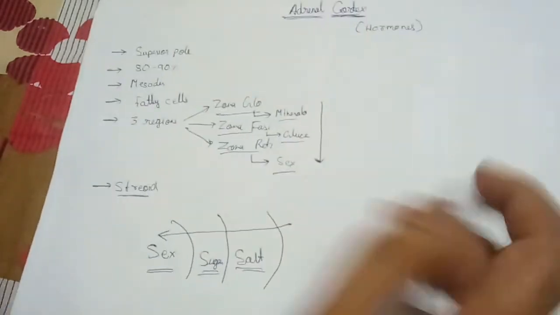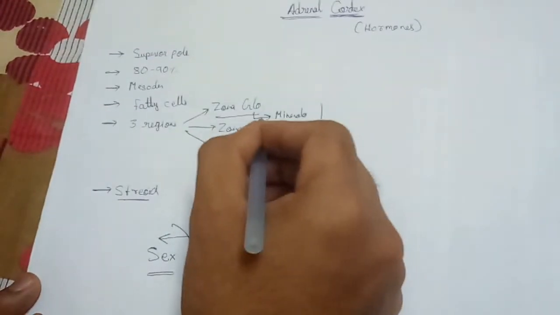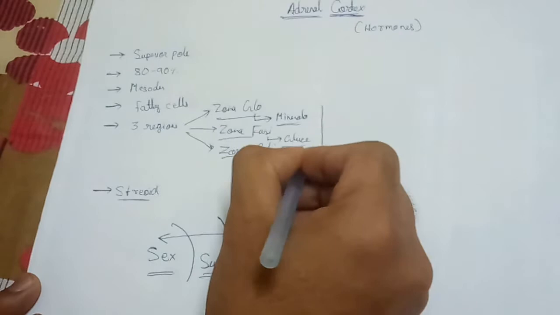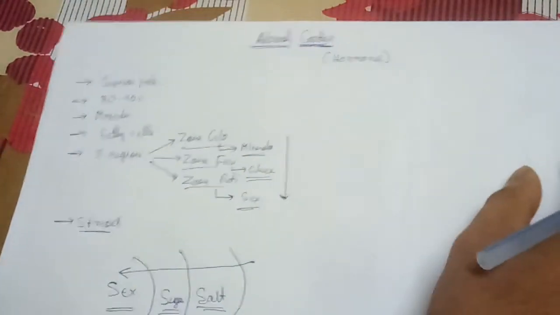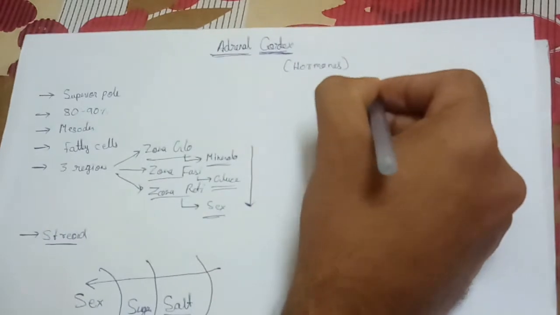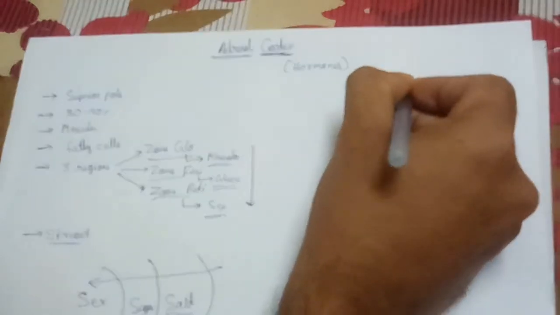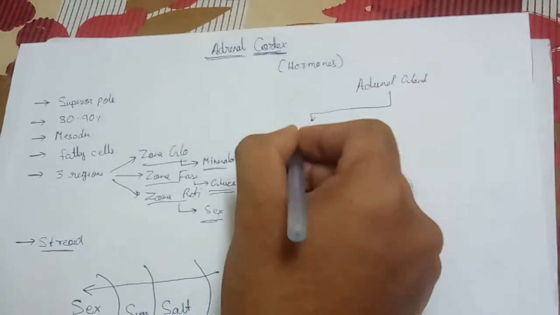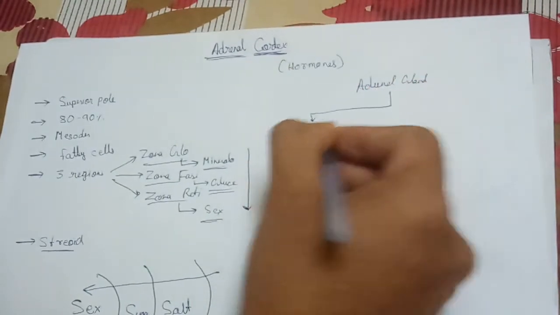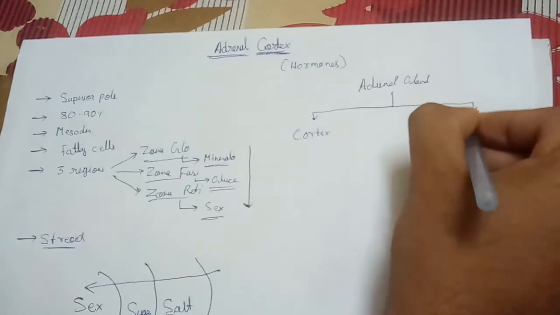Now let's discuss all the three zones and the three types of hormones in a tabular form, which makes it easy to understand. So the adrenal gland is divided into two parts, cortex and medulla.